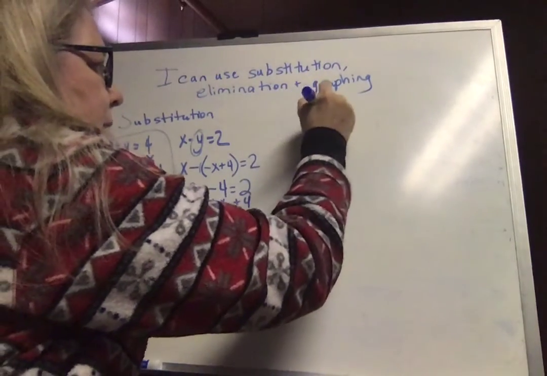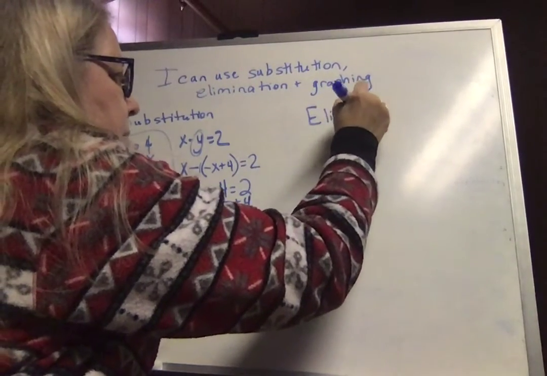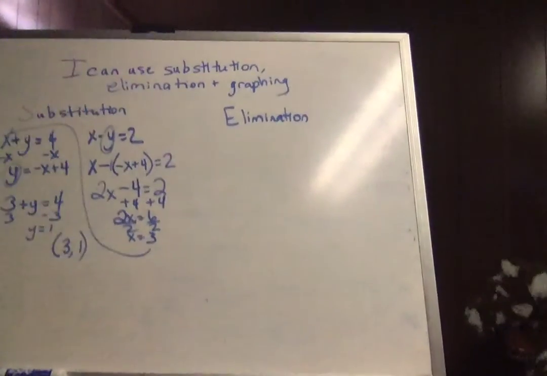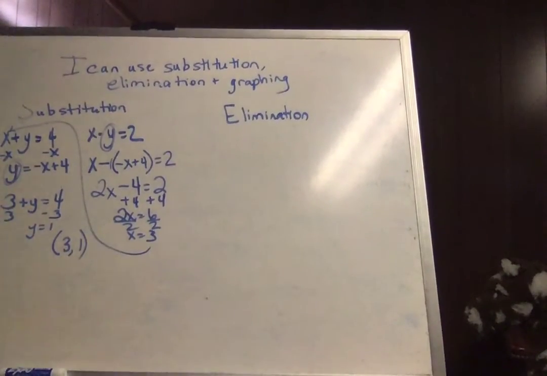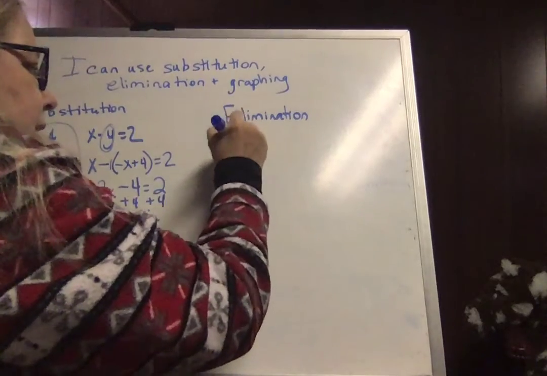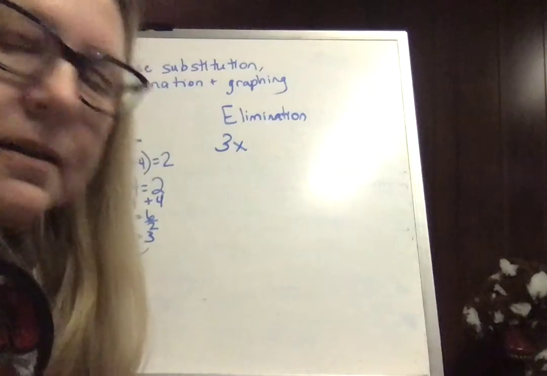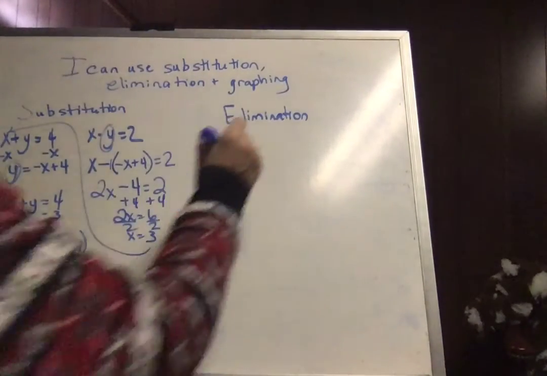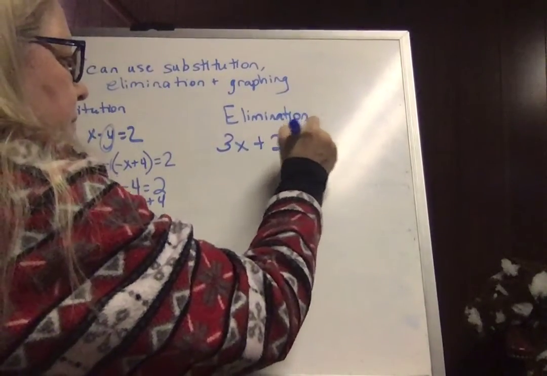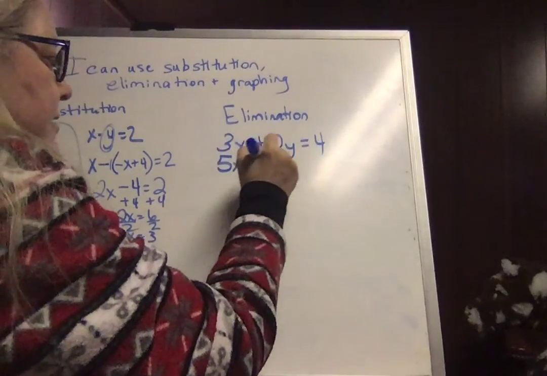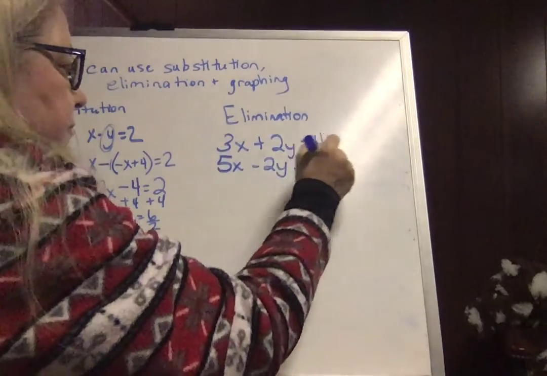Next, I'll look at elimination. People tend to like one method or another. I sort of let the problem speak to me of which it is. So if it were elimination, if the problem happened to be 3x plus 2y equals 4, and if the second problem were 5x minus 2y equals 12.